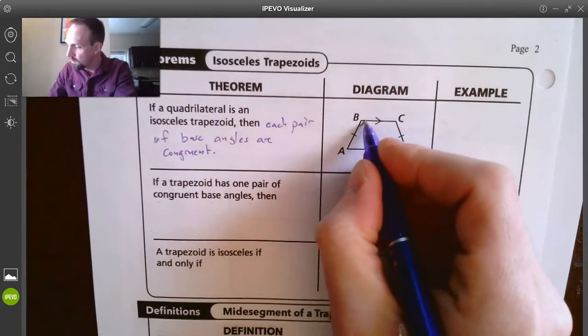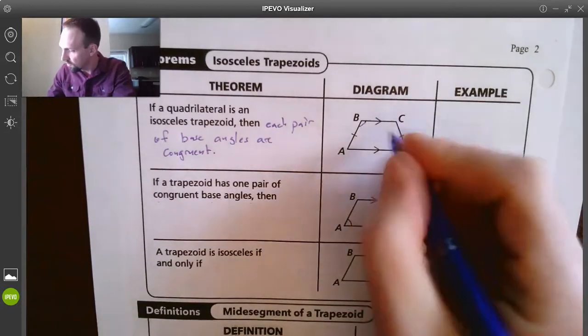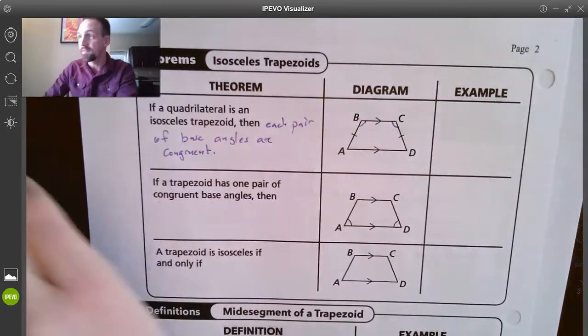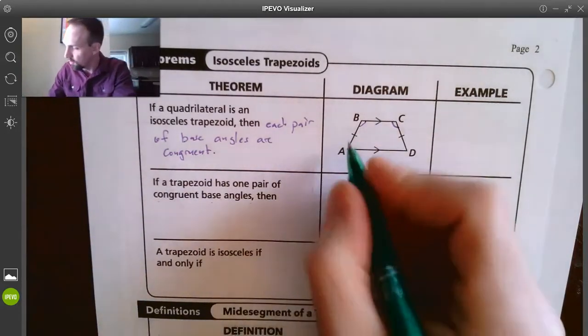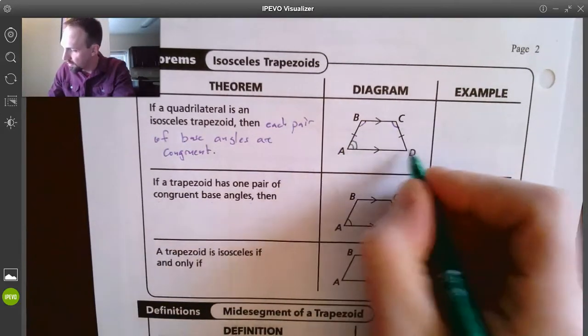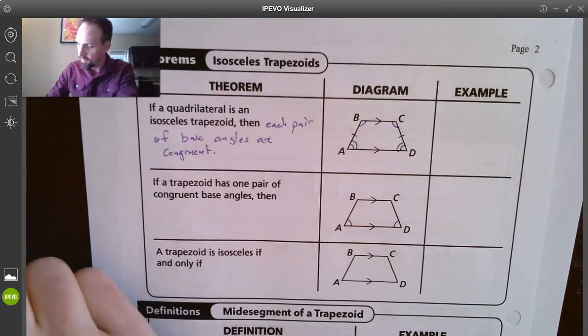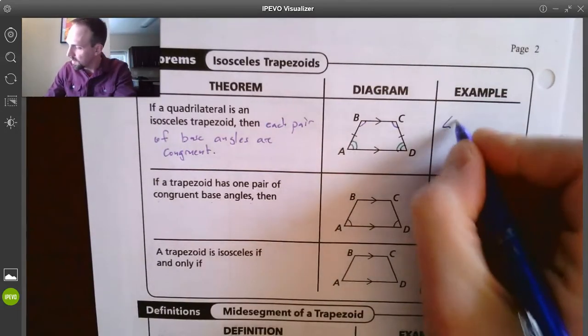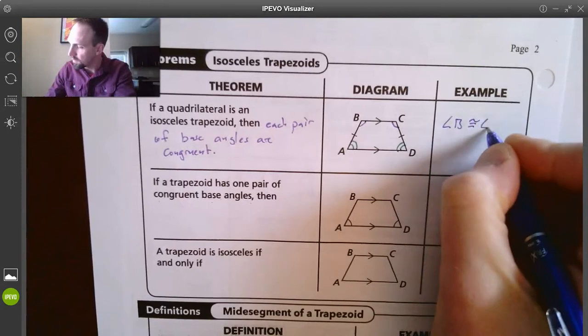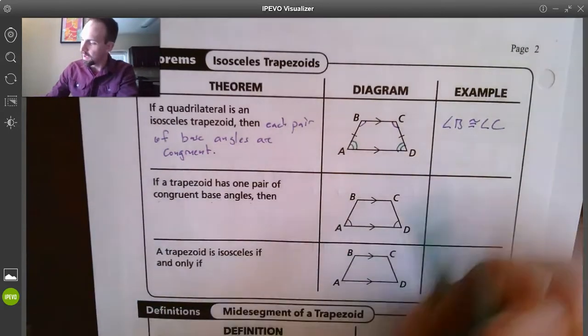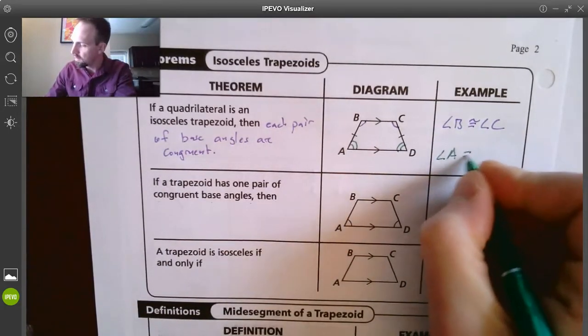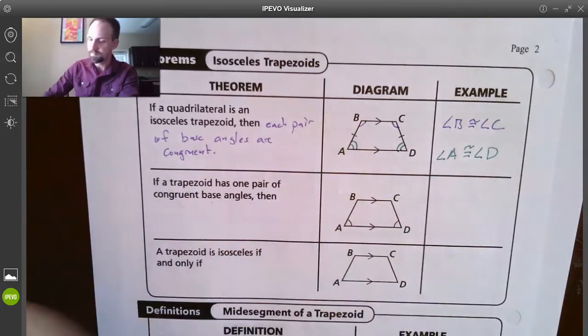But here, I'll just use this color for this part. If I say angle B and angle C are congruent, and angle A and angle D are congruent. So angle B is congruent to angle C, and angle A is congruent to angle D.